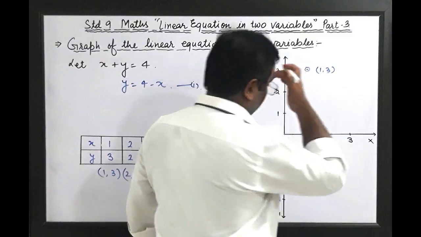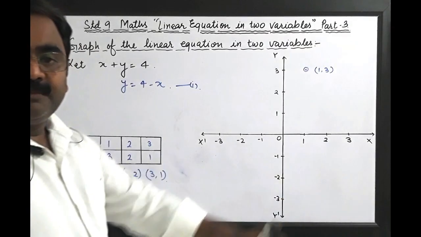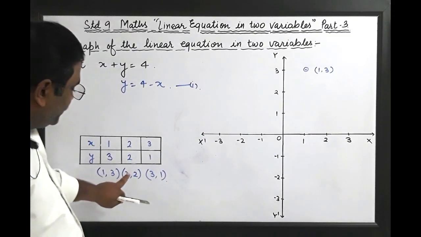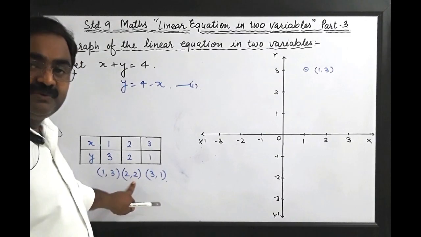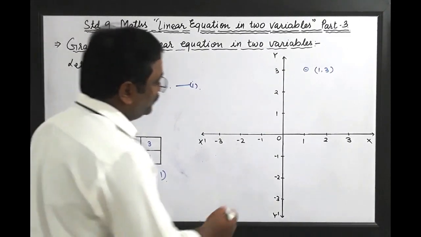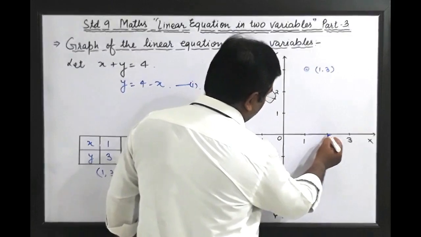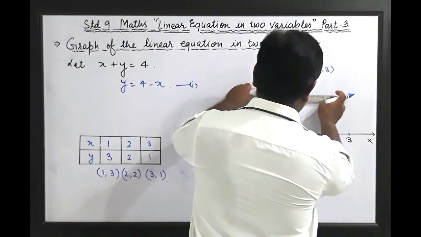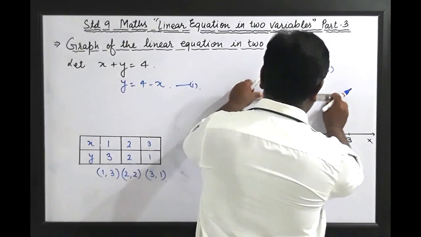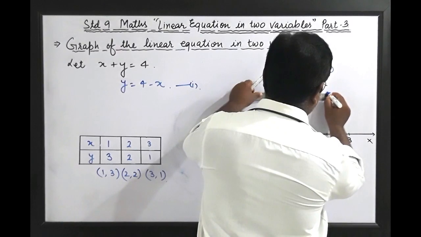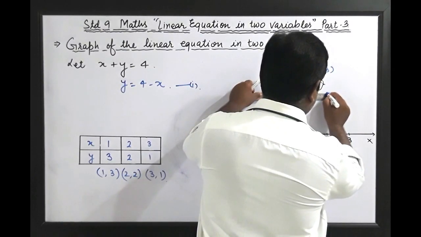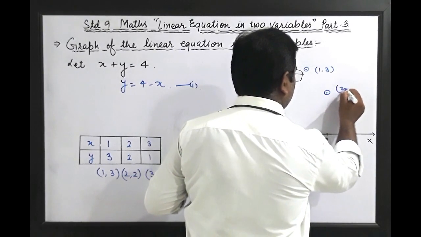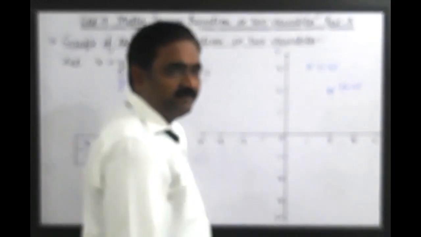Okay बच्चों, अभी हम क्या करते हैं, we have to plot the second and third point also. Second point whose coordinates are 2 comma 2, so let us plot it. 2 on x axis and 2 on y axis. So this will be the point 2 comma 2, the second point.